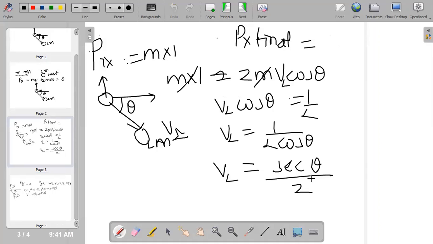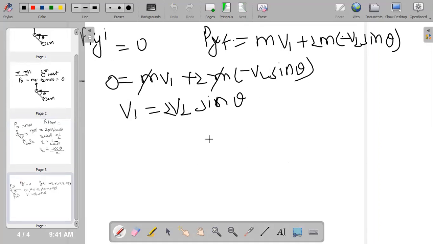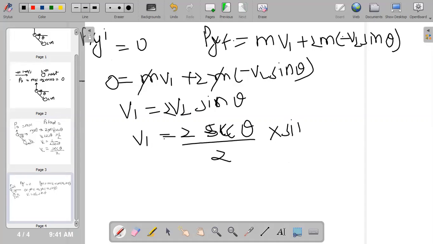If you see, sec theta, we got v2 is equal to sec theta by 2. So let's write. v1 will be equal to 2 sec theta by 2 into sine theta. So 2 and 2 will get cancelled.